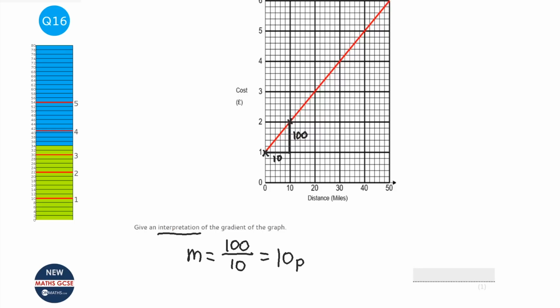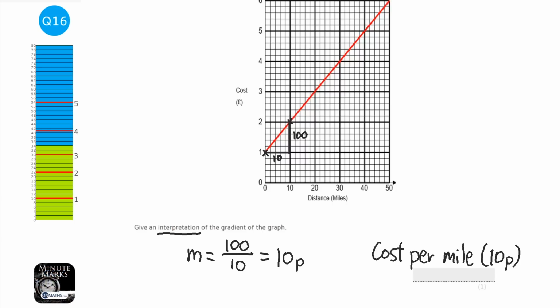So the gradient is the cost per mile, and I'm going to put in brackets 10p. It could be that just writing the cost per mile for this question would give you the mark, but if you actually wrote the gradient as well, then you definitely get the mark, and sometimes it will ask you for the gradient and then ask you to interpret it.